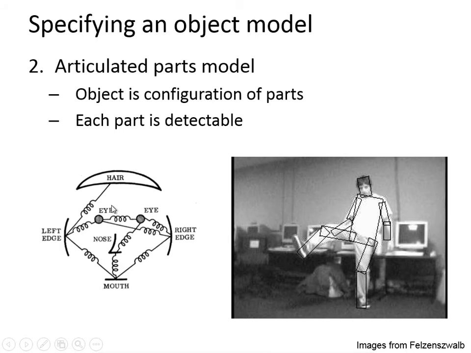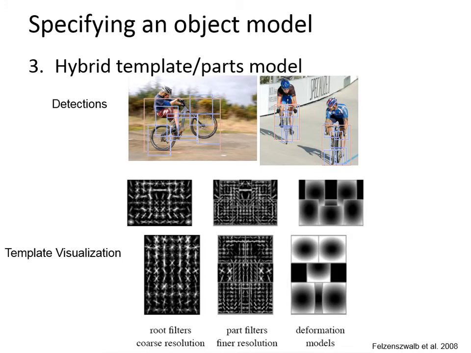And in a specific case we can combine them, for example a hybrid model with templates detecting individual parts and then combining them together with part models.